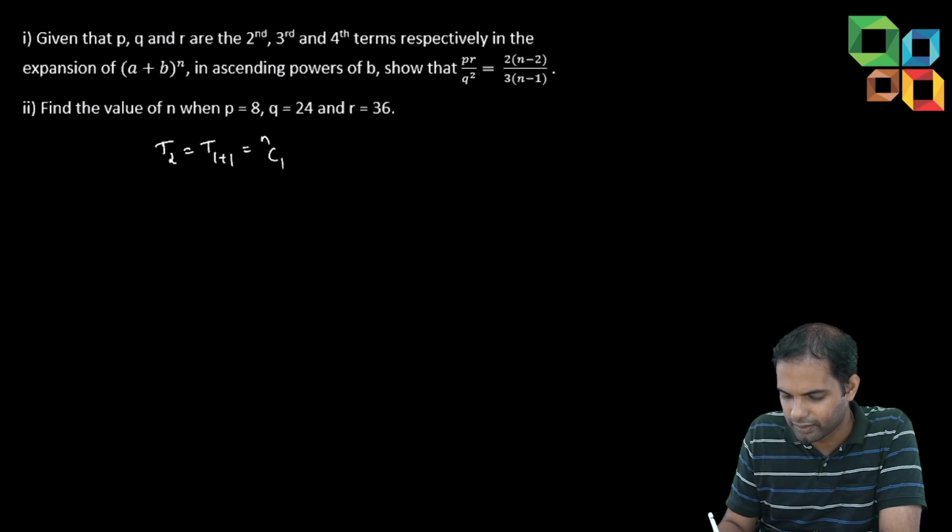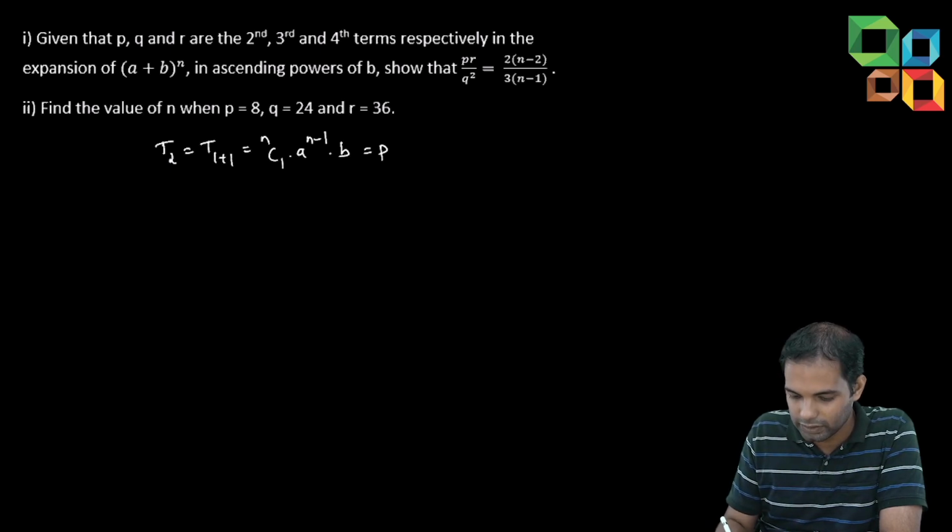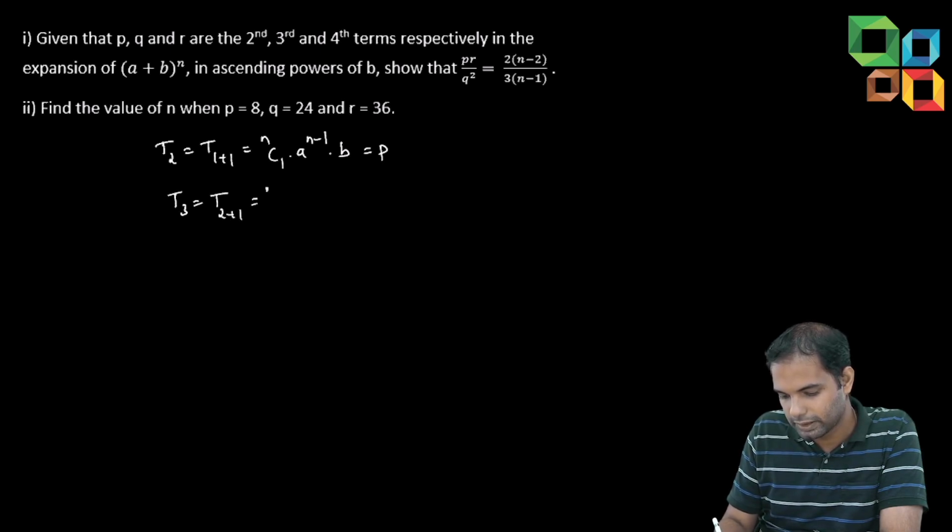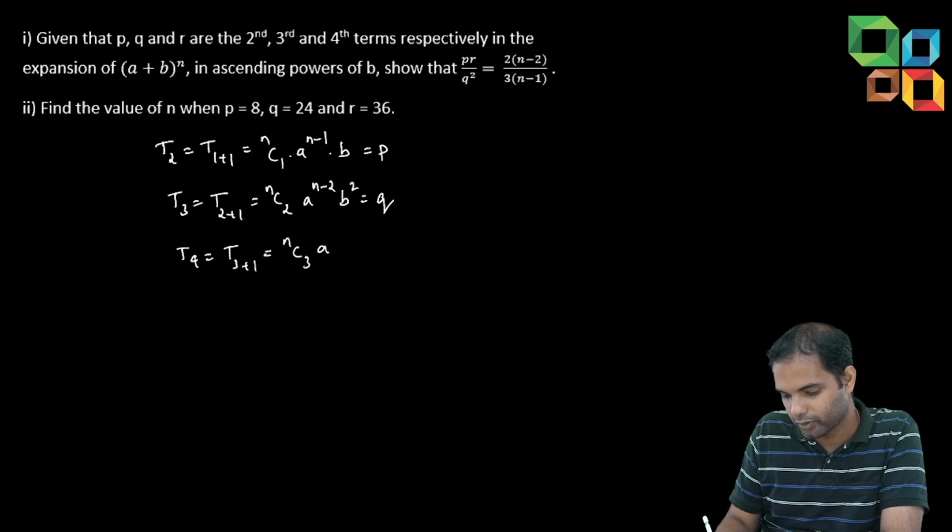So NC1 into A power n minus 1 into B. This is nothing but P. Third term, T2 plus 1, NC2 A power n minus 2 B square. This is nothing but Q. Next, T4, T3 plus 1, NC3 A power n minus 3 B cube is equal to R.